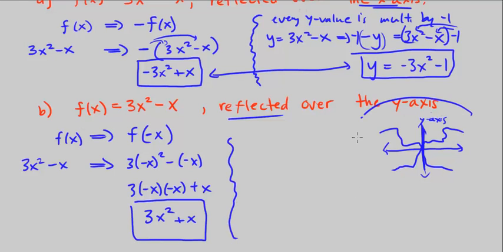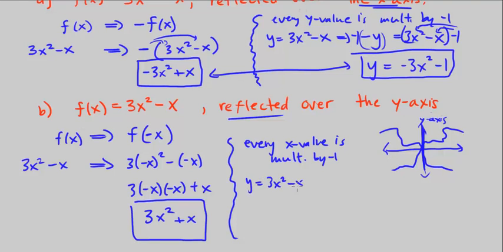Thinking about this graphically, we know every x value is multiplied by −1. So if we start with y = 3x² − x, we multiply every x value by −1.